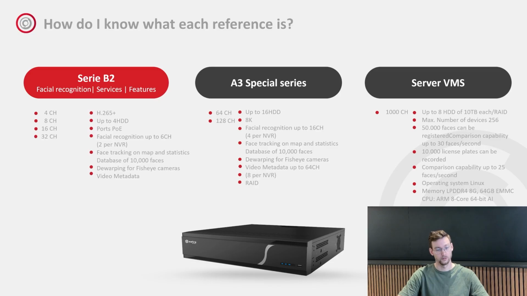So if you really need more channels for the installation, the server will be a good option. Great. So now we're going to go a little bit more into the technical part. This was just how to identify our models and what the basic functions of those models are, to choose the right NVR and camera for your installation.